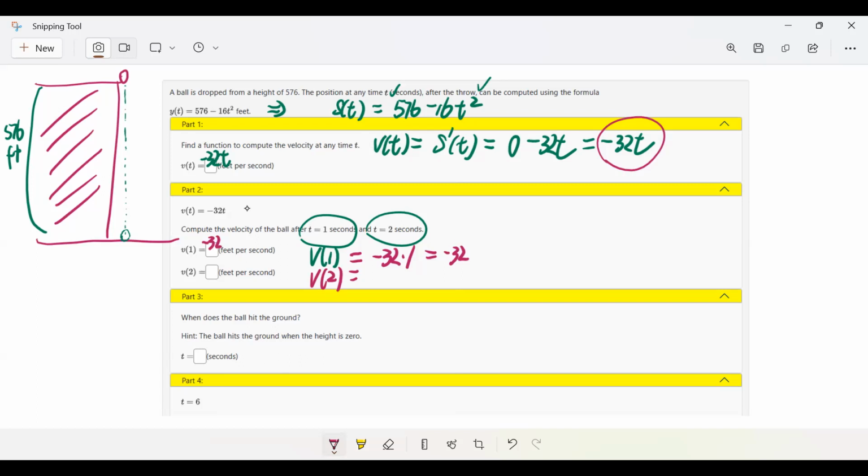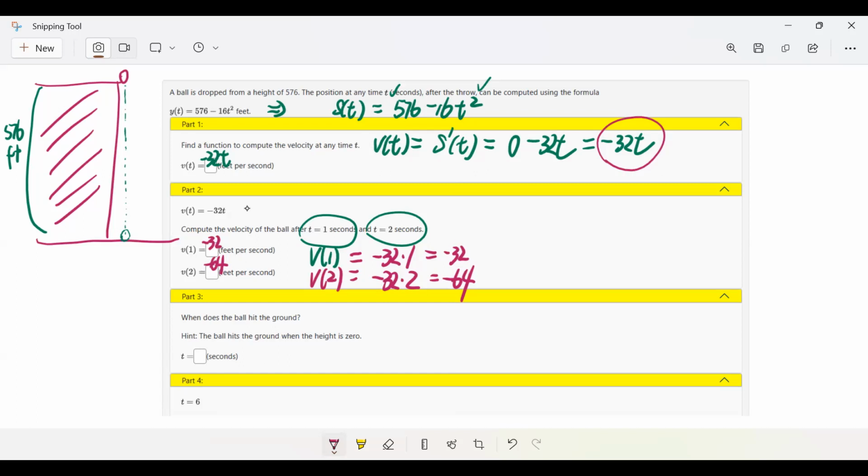Sometimes you may damage the ball, or maybe crush the ball. So negative 32 times 2 is negative 64 feet per second after 2 seconds, very, very high speed actually. We can convert the feet per second into miles per hour, and you can see how fast that is. I think it's probably over 100 miles per hour if you convert it. So it's very, very fast.